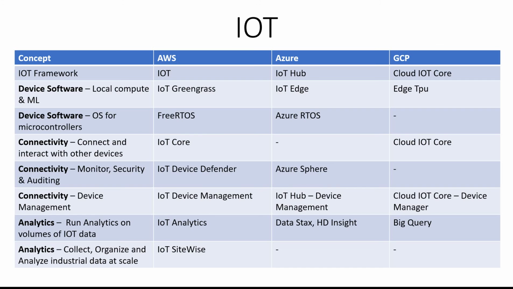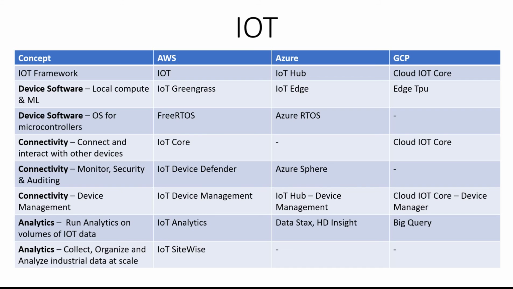It is firmware that you need to install on the low compute devices. In this category of device software, AWS has AWS IoT Greengrass, in Azure it is IoT Edge, and in GCP it is Edge TPU.